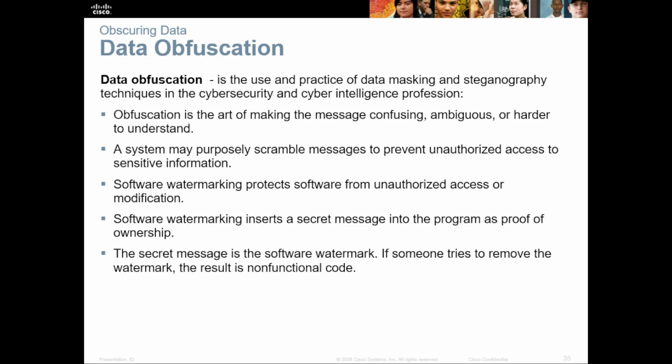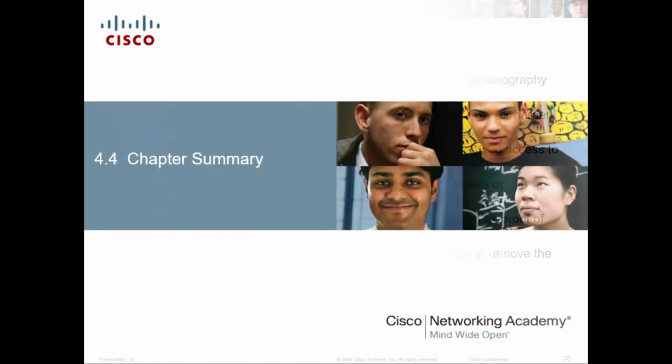A system may purposely scramble a message to prevent unauthorized access to sensitive information. Software watermarking protects software from unauthorized access and modification. The secret message is the software watermark, for example, that is used in software.